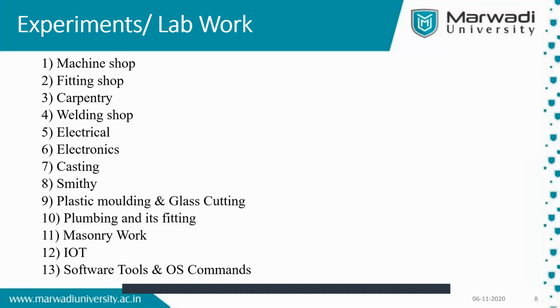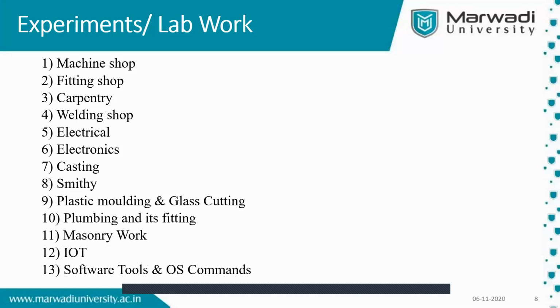Now we discuss the syllabus. In the syllabus, we have 13 different experiments, or lab work, which as I said is divided into 3 categories. The first category covers machine shop, fitting, carpentry, welding, electrical and electronics, experiments 1 to 4 and 7, 8, 9, which relate to the mechanical department.